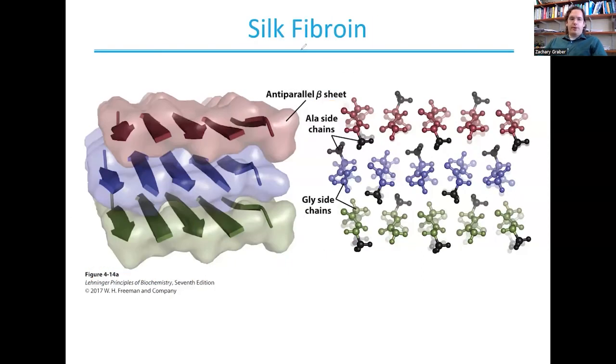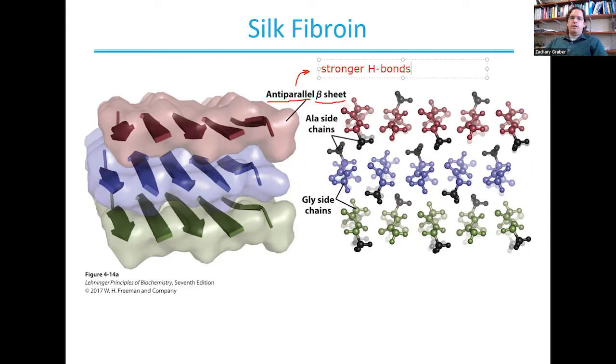The final structural protein that I want to talk about is silk fibroin. So silk fibroin uses our other secondary structure of the beta sheet. So we form these very large anti-parallel beta sheets. Remember, our anti-parallel beta sheets are also our beta sheets that have the stronger, more linear hydrogen bonds between our beta strands.